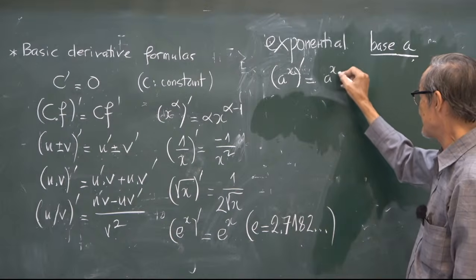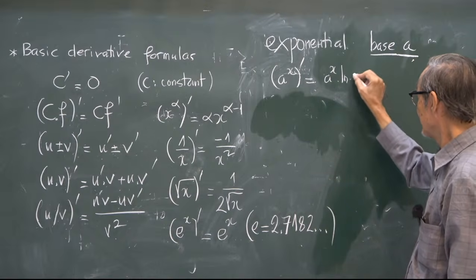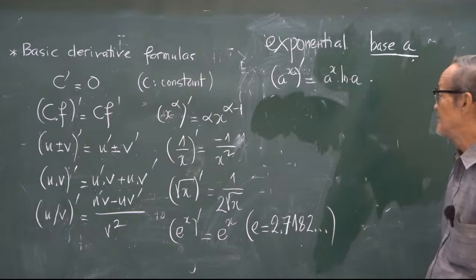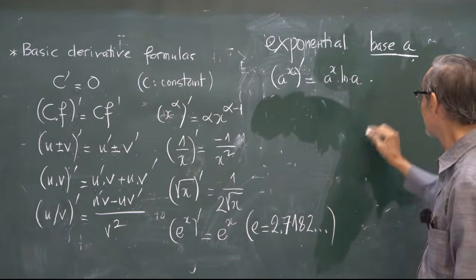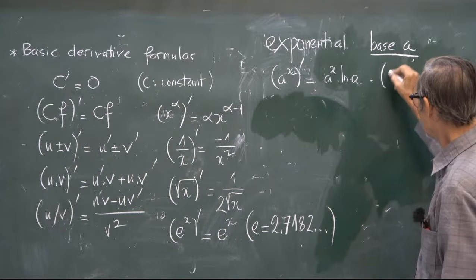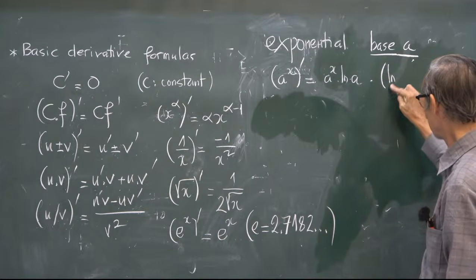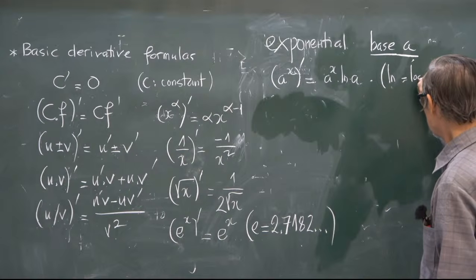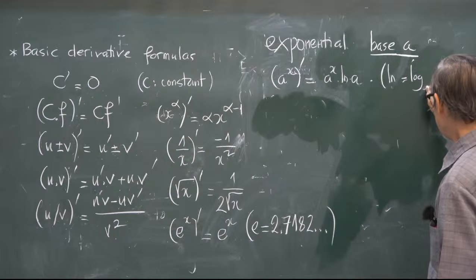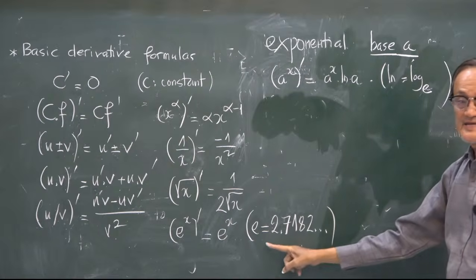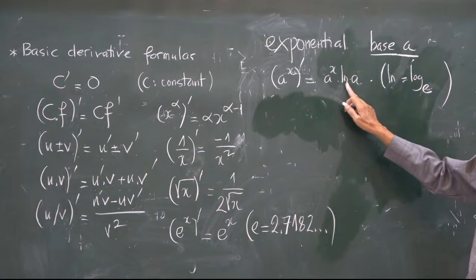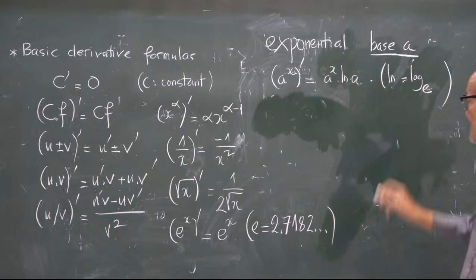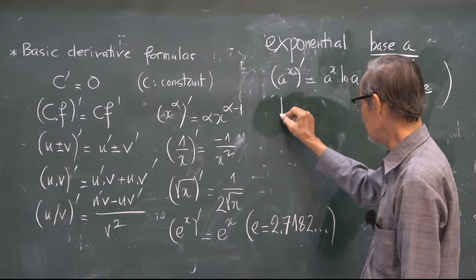a^x times log a, the natural log of a. We call that log, natural log, to the base a. Here, e, natural log base e. Okay.